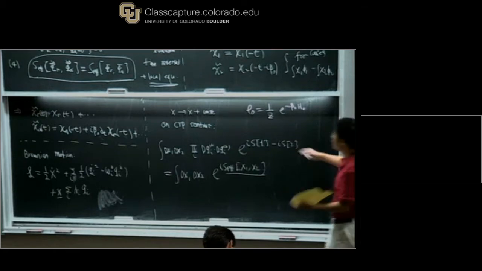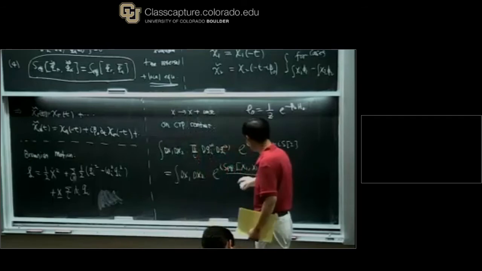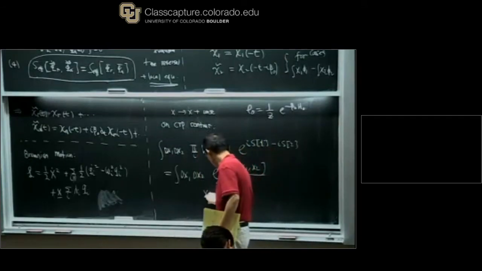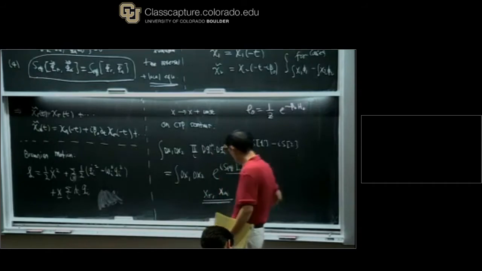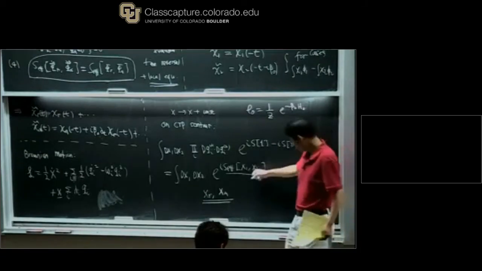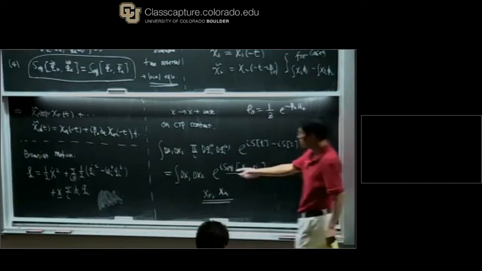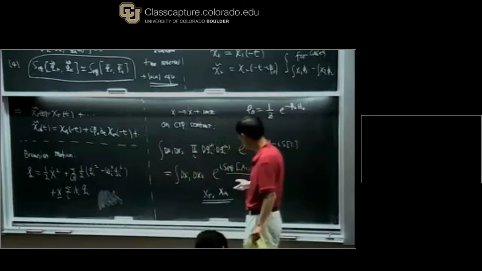So now let's go back to the conditions. We will again use the variables XR and XA, which are the symmetric and anti-symmetric combinations of X, and we will write this action in terms of those. Also, because everything is quadratic, the effective action will also be quadratic.